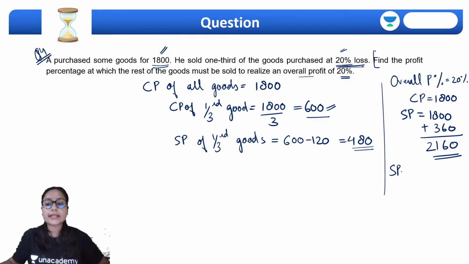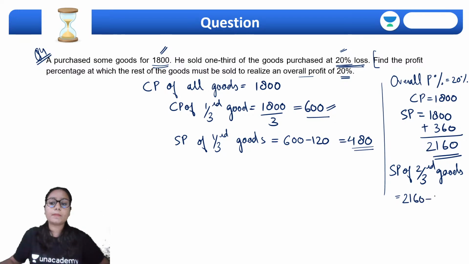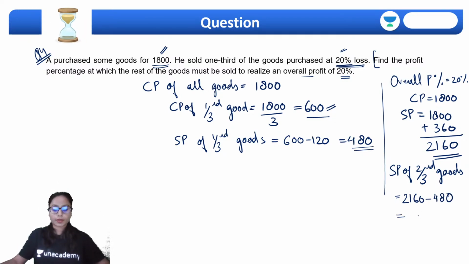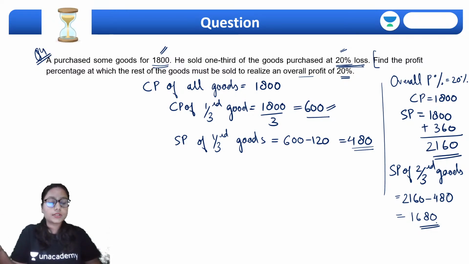So what will be the selling price of 2/3 of the goods? It will be equal to 2160 minus 480, which gives you 1680. So the selling price of 2/3 goods is equal to 1680.